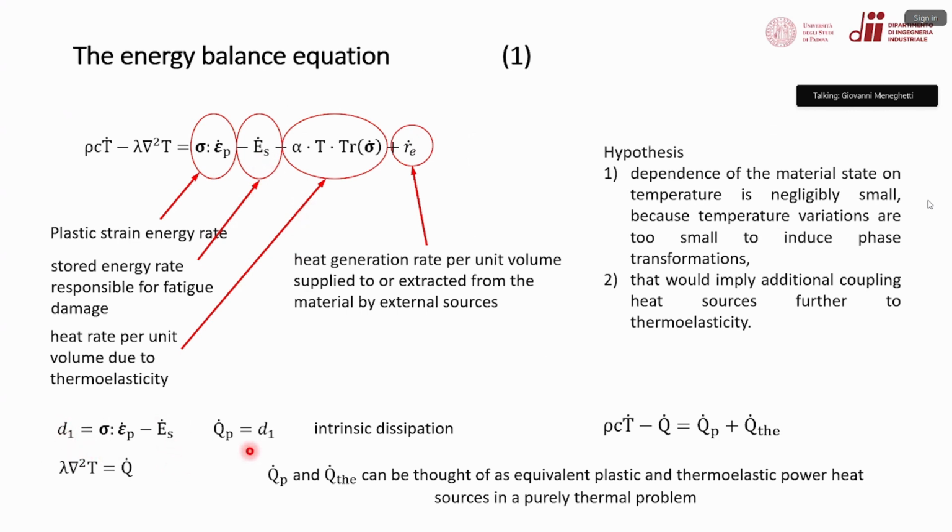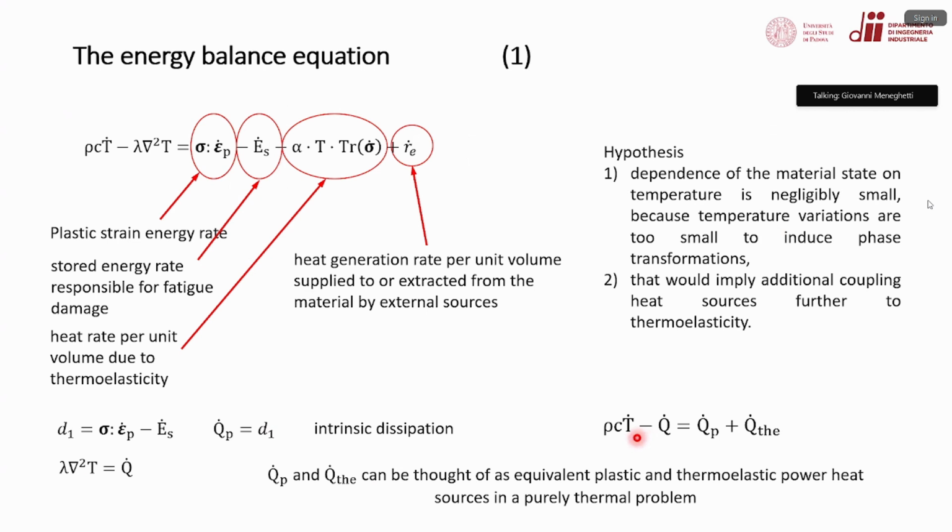And in the next slide, we have indicated the intrinsic dissipation as Q dot P because the intrinsic dissipation is related to the plastic deformations. Then we have indicated as Q dot the contribution due to thermal conduction.